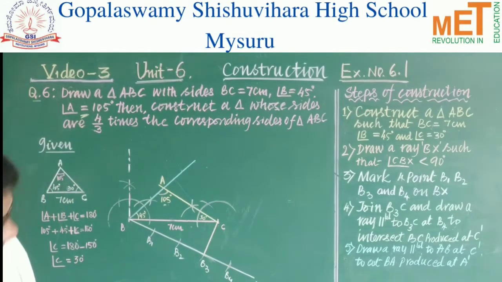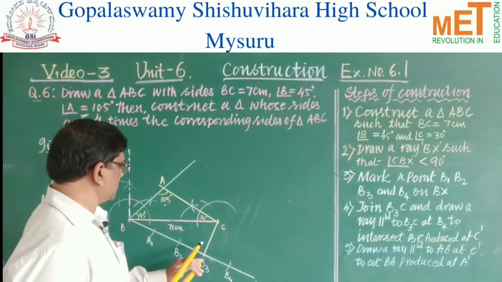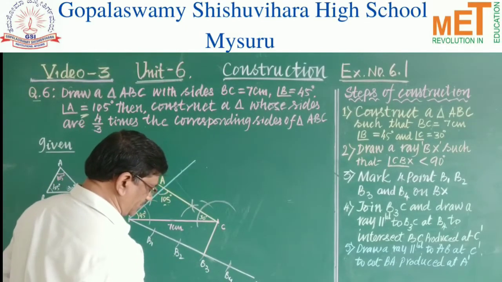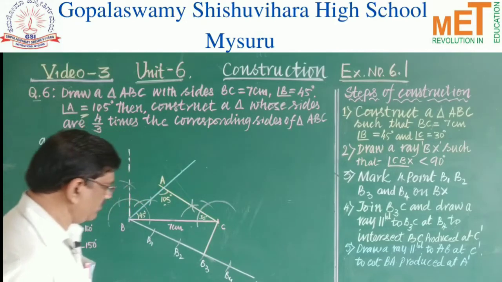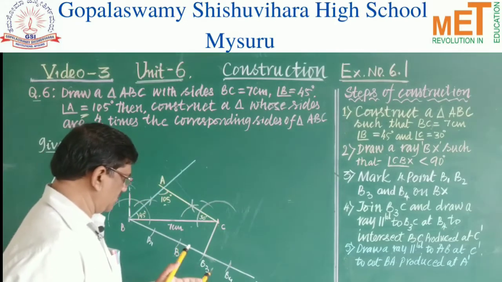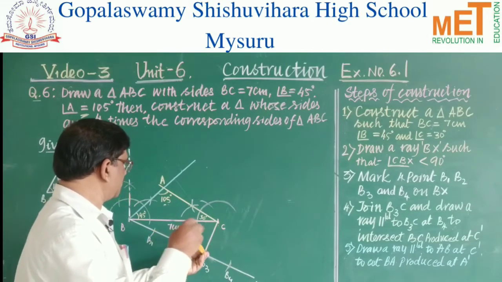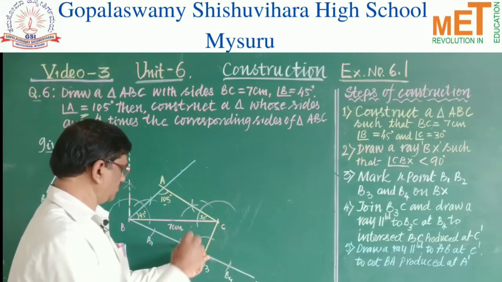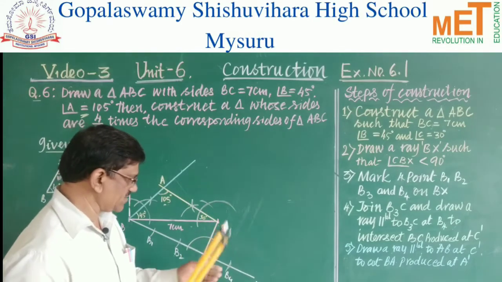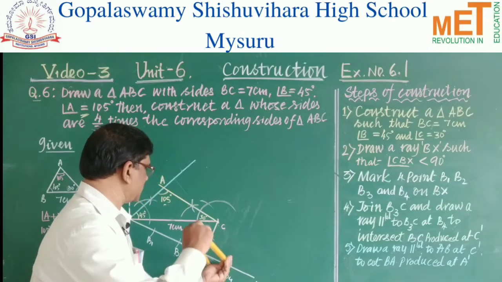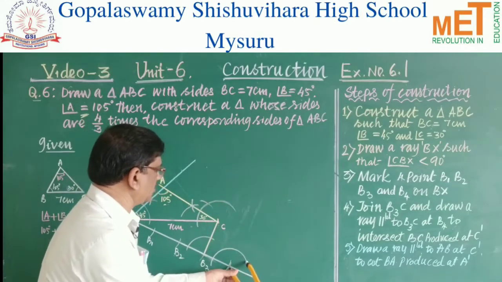For that, with a convenient radius, what we have to do now? With B3 as a center, draw an arc with the same radius, with B4 as a center, draw arc.